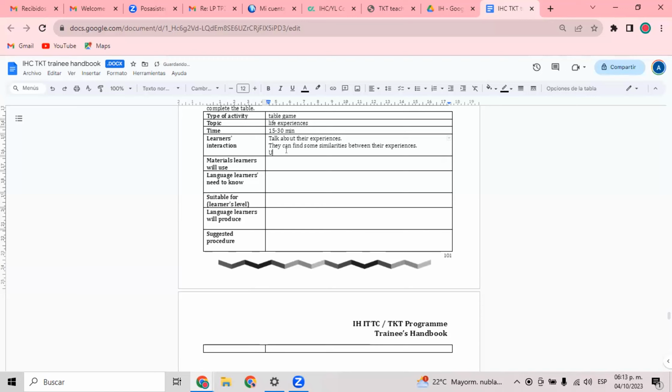Maybe use a specific vocabulary and grammar and sounds.